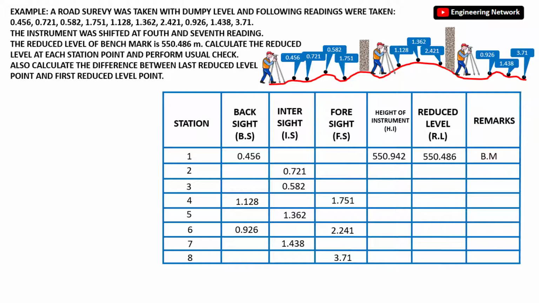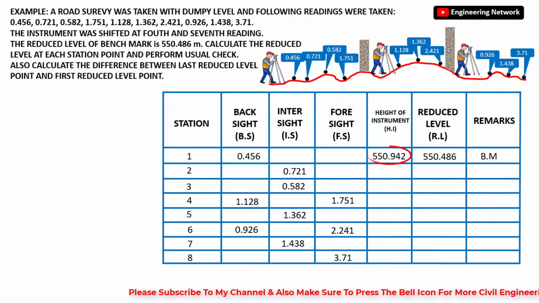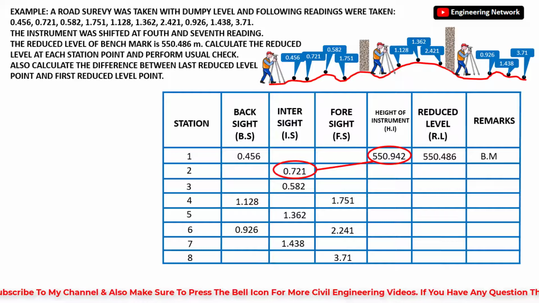Now I will use this height of instrument to calculate the reduced level at the remaining station points. At station 2, reduced level is equal to HI minus intersight of station 2, which is 550.942 minus 0.721, and the reduced level at station 2 will become 550.221.